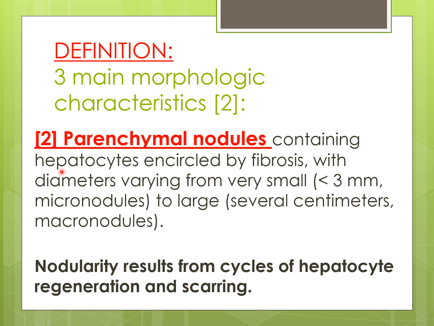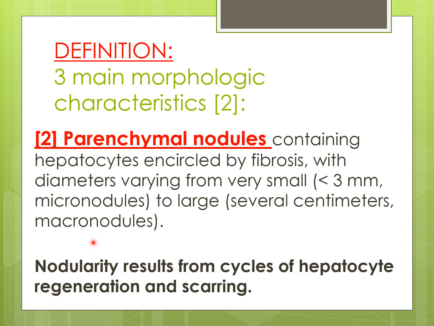These are the hepatocytes which are encircled by fibrous tissue, fibrosis. These nodules of hepatocytes may vary in size from very small, less than 3 millimeters, also called micronodules, to large nodules which are several centimeters, and they are called macronodules.